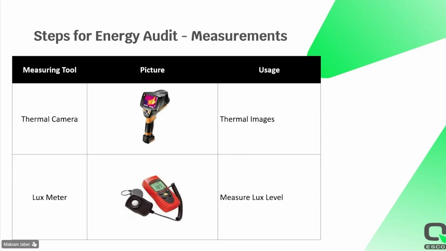This level is important because whenever we are going to replace a lighting fixture, we have to ensure that the new lamp that we are going to install will achieve at least the same lux level. We don't want to affect the comfort of the occupants. So this is important to measure.